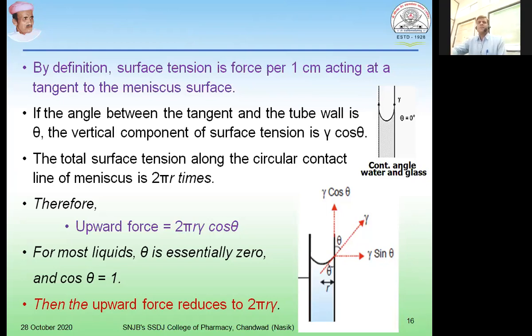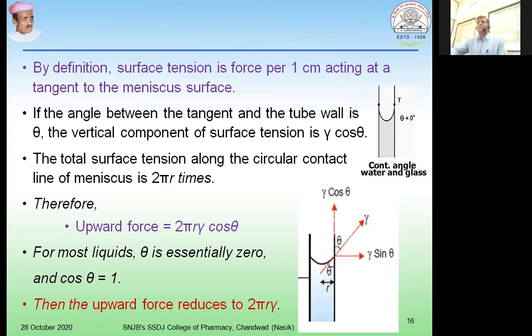So we get the upward force acting on the liquid when it rises up into the capillary, given by the equation 2 pi r times the surface tension cos theta. Cos theta is the vertical component acting on the liquid, and 2 pi r is the circular contact the liquid makes with the capillary tube.